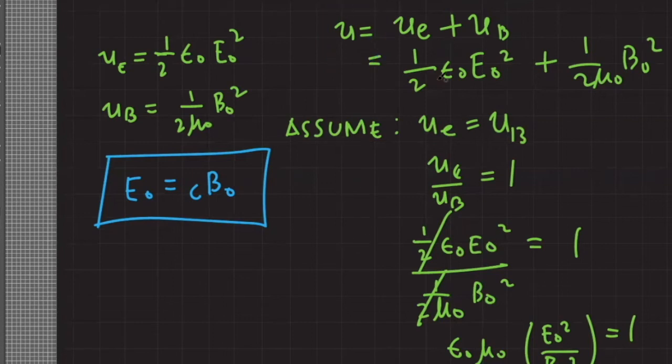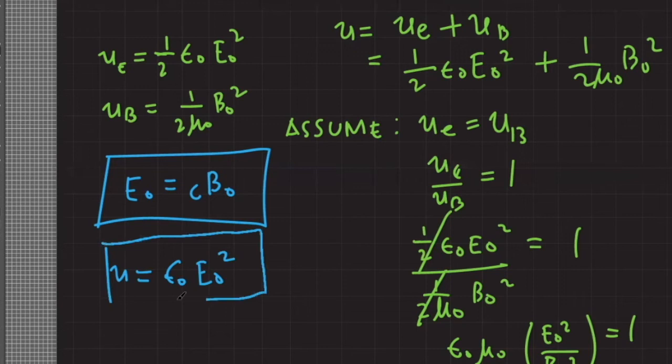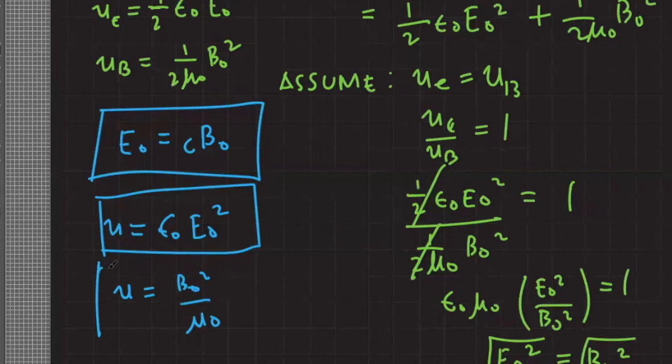So I'm not going to plug it here. I'll just write here the resulting equation. So another way to write the total energy density is epsilon naught E sub 0 squared. And another way to write it in terms of magnetic field amplitude alone is B sub 0 squared over mu sub 0.